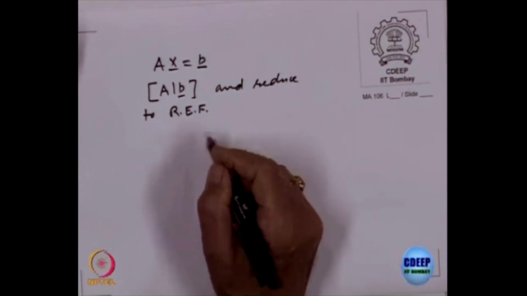Now, how does a computer know? I cannot give a verbal command to interchange; I have to give it in the form of something computational. If you want to implement the command to interchange 2 rows, how does the computer understand that command? It can understand only multiplication, division, addition, arithmetic.